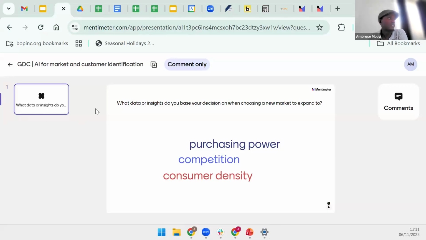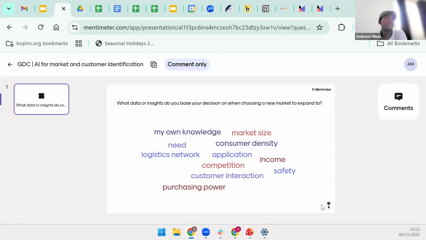I started seeing some responses coming in. So I hope you can see my screen. What data or insights do you base your decision on when choosing a new market to expand to? I see someone has said purchasing power, competition, consumer density. There's my own knowledge, so that's your understanding of the kind of market you're trying to expand to.